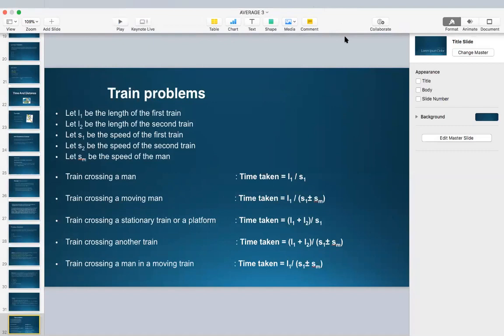My question is, let's say the time taken by the train to cross you is X seconds. So the time taken by the train to cross the platform on which you are standing, will it also be X seconds? No, right? Why no? Now tell me why no? What will come into play here?